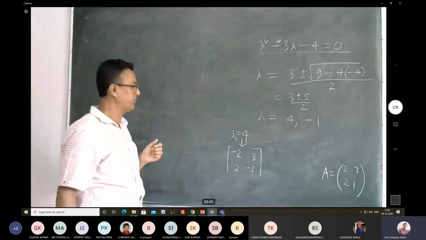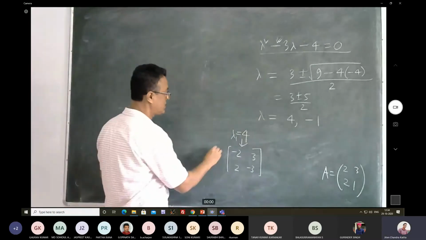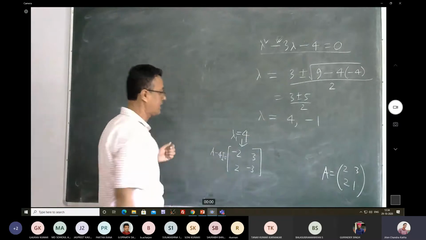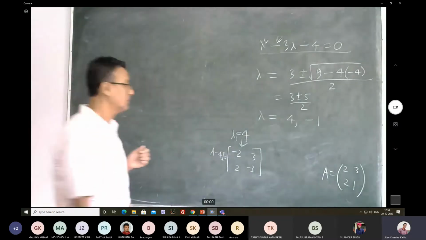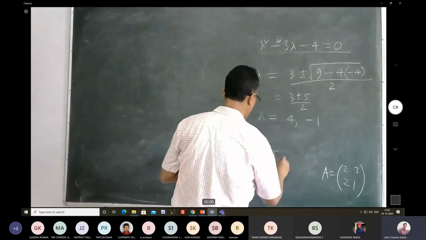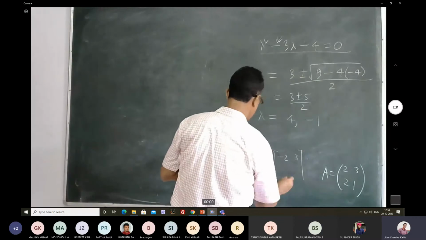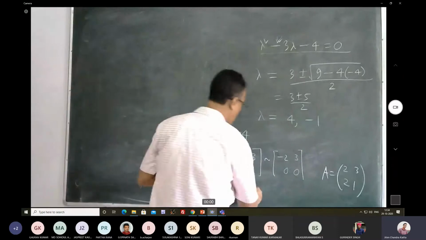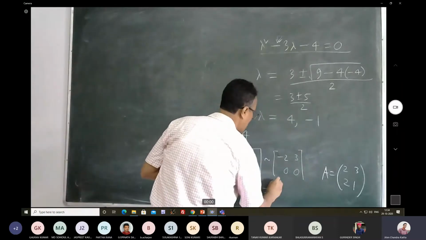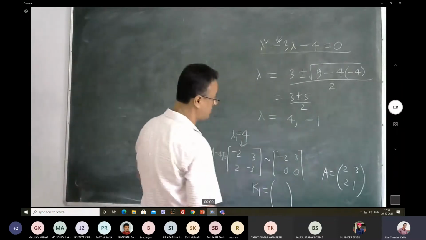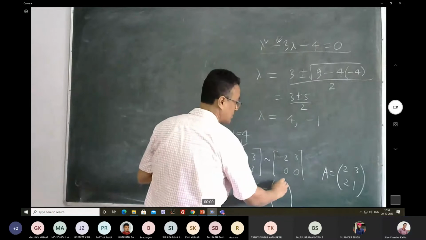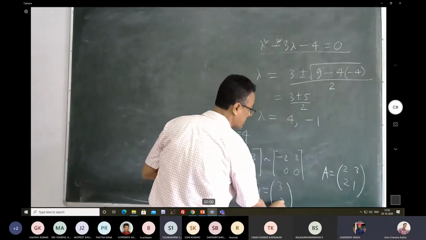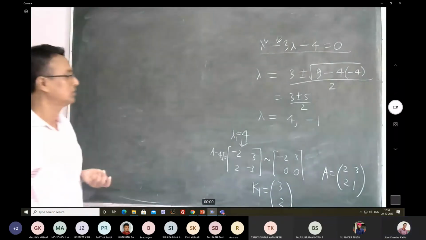This is simply A minus 4I, and this is going to be equivalent to 0, 0. So the obvious solution K1 is going to be equal to 3, 2. Is it okay?